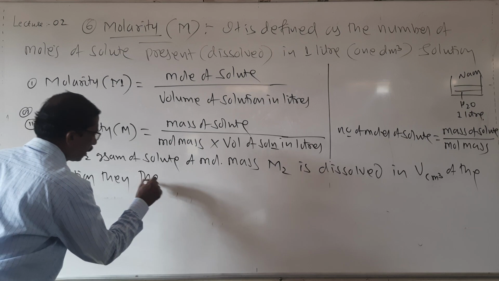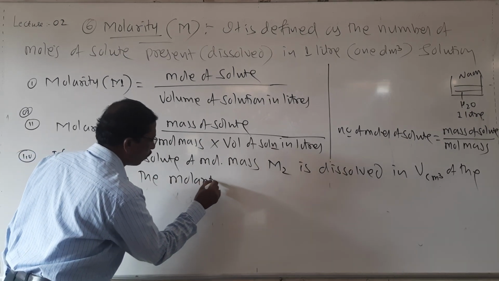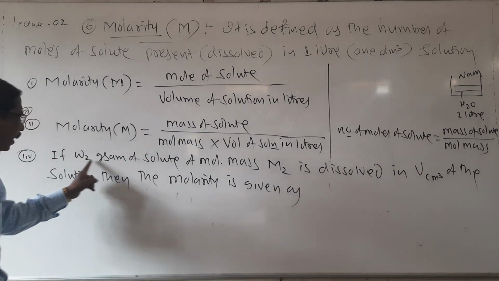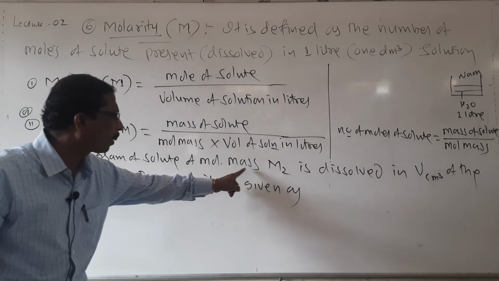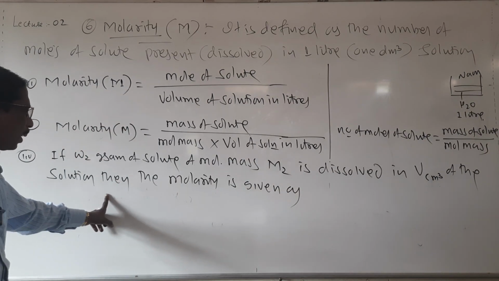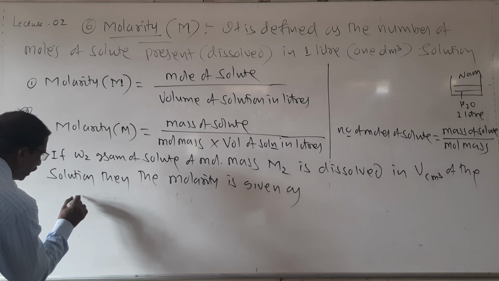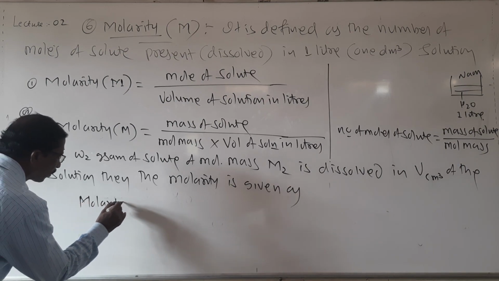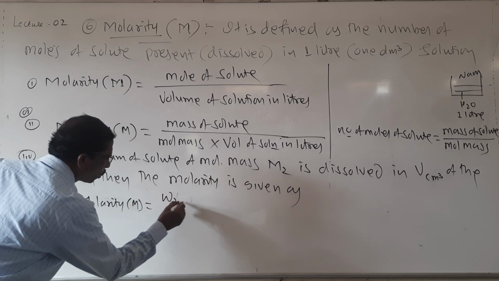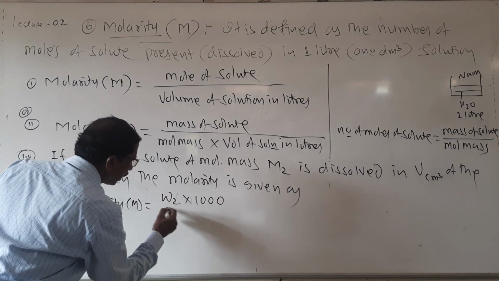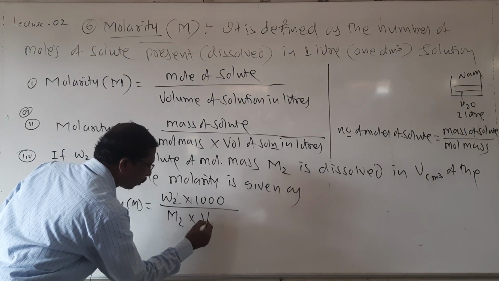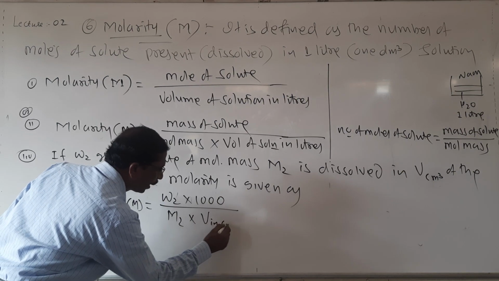Then the molarity is given as, capital M is equal to W2 into 1000 ml, divided by M2 into volume in cubic centimeter.